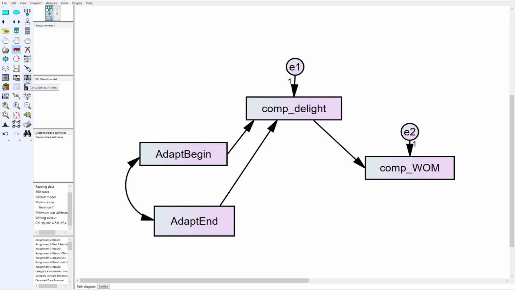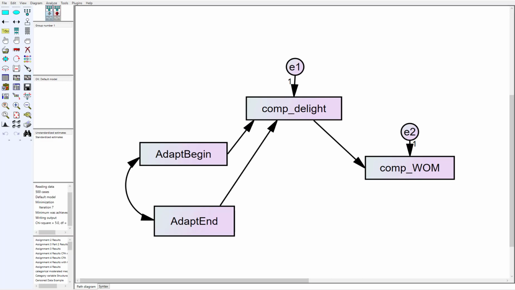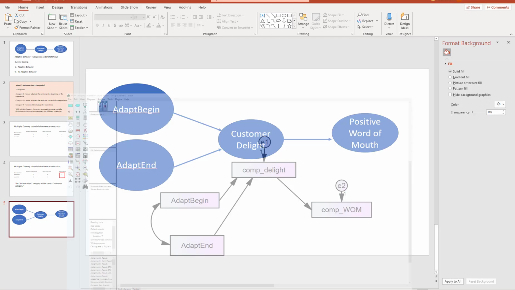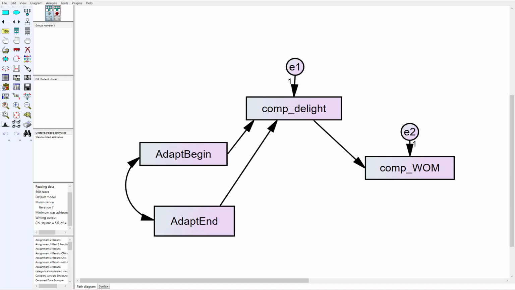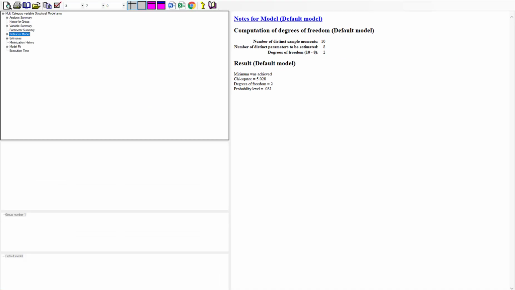So if we run our analysis, the output that it's going to give us is going to focus on the differences between our dummy variables and our reference variables. So let me explain what that means. Initially we get our default screen, no problem there.